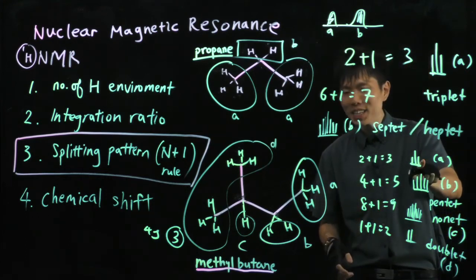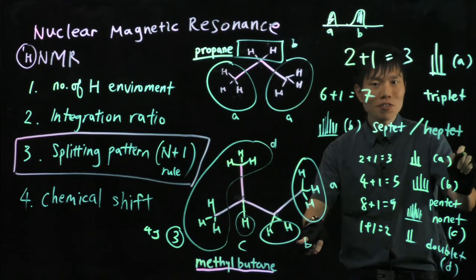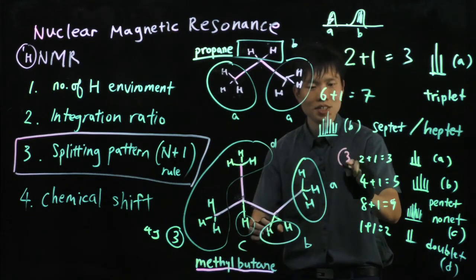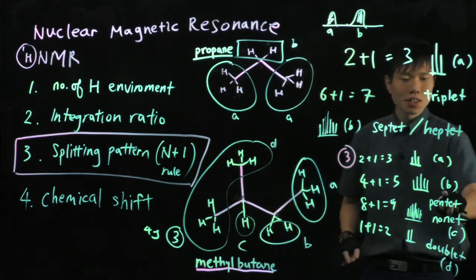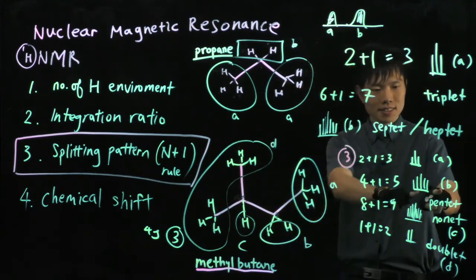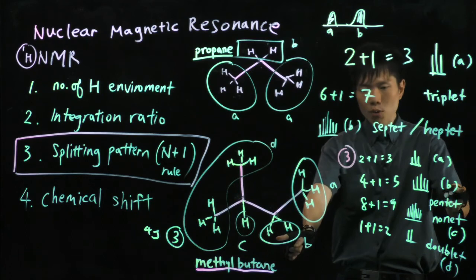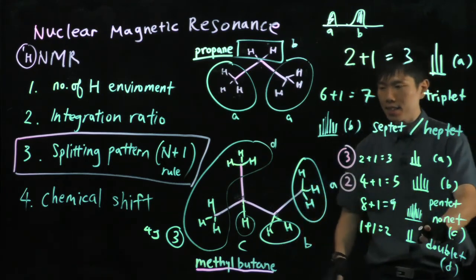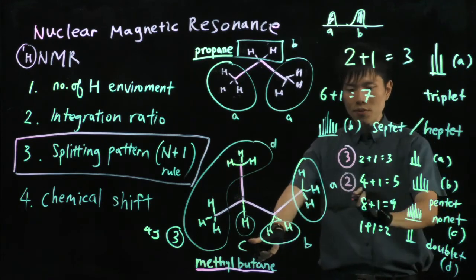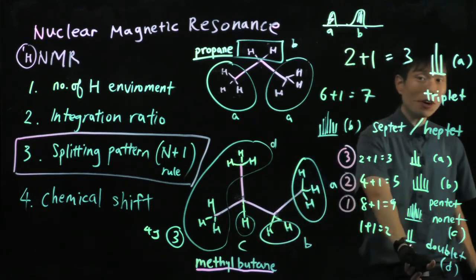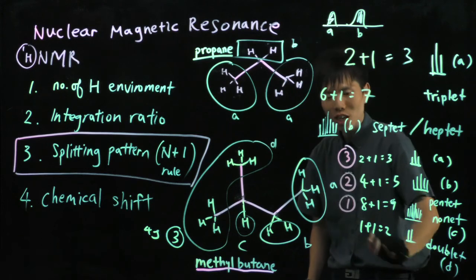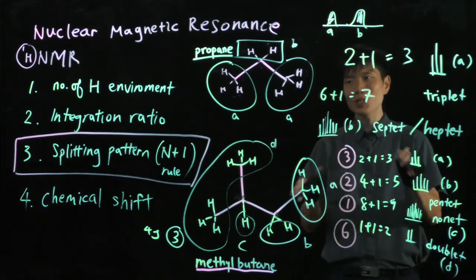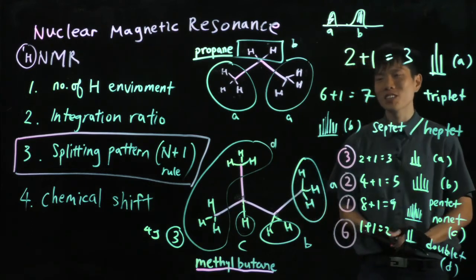So for the triplet, it must be 3, because there are 3 of them in the environment. For the pentet, which is B, I will have an integration of 2. For the nonet, an integration of 1. And for the doublet, an integration of 6.